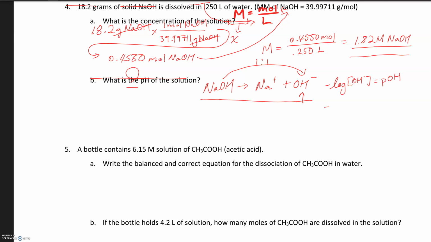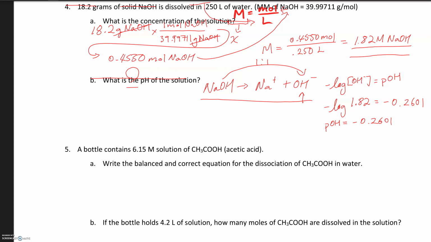So we put in negative log of 1.82, and this gives us a value of negative 0.2601. Now you have to understand this is the pOH value, negative 0.2601, which means that we are going to have to find the pH from this.